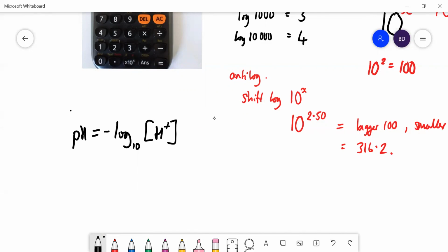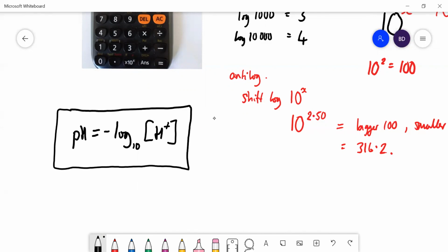And the hydrogen ion concentration has got to be measured in moles per decimeter cubed. And then it's very useful to have the converse of that: hydrogen ion concentration is equal to 10 to the power of minus pH.